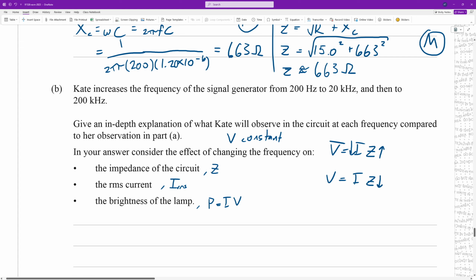If impedance goes down, current would go up. And then this links on to the power, the brightness of the lamp. So we need to explain this, starting with the frequency. So frequency into reactance, into impedance, into current, and then into power.